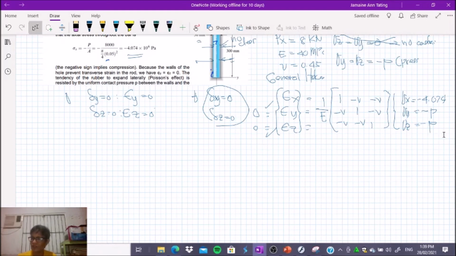So in our equation we can write 0 will be equal, let's use the middle one, to 1 over E times, do you know how to multiply the middle row, this negative V will be multiplied by the negative 4.074.